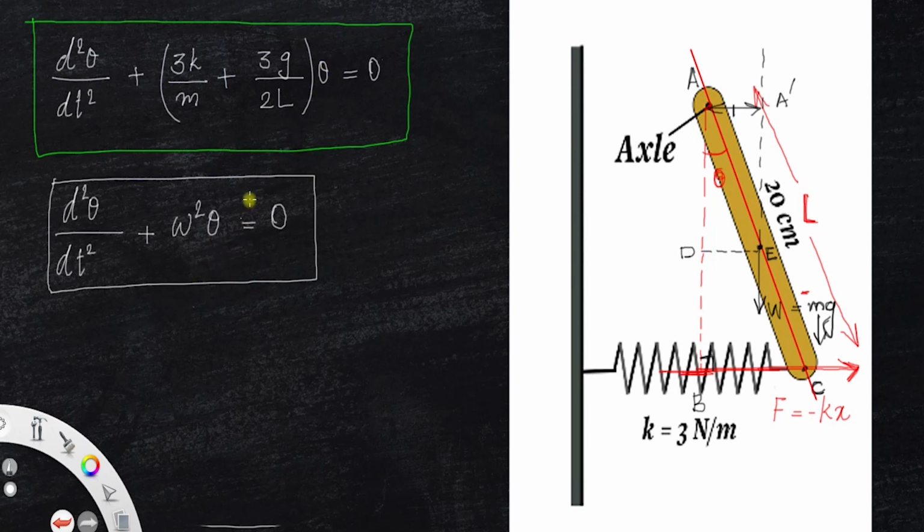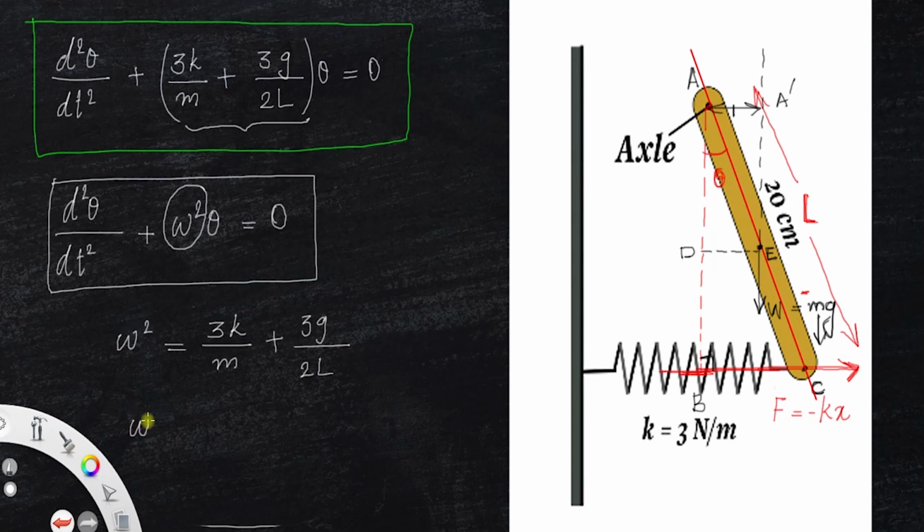When you compare these two equations, you will understand this ω² is equal to 3k/M plus 3g/2L, because the coefficient of θ here is ω². So we have ω² is equal to 3k/M plus 3g/2L.